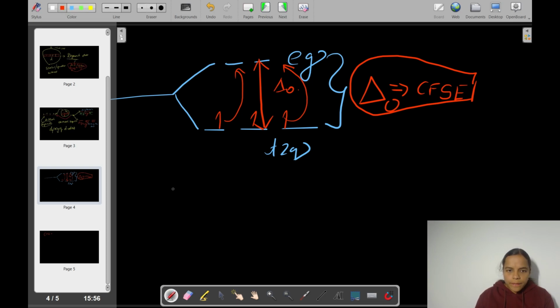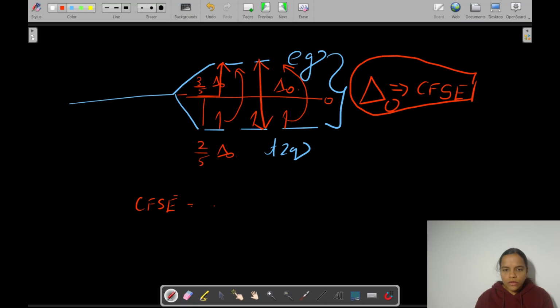We know that if there is an imaginary barycenter in this area, the higher energy level is higher by 3/5 Δo, and the value between this barycenter and the T2g is 2/5 Δo, which leads us to a formula.